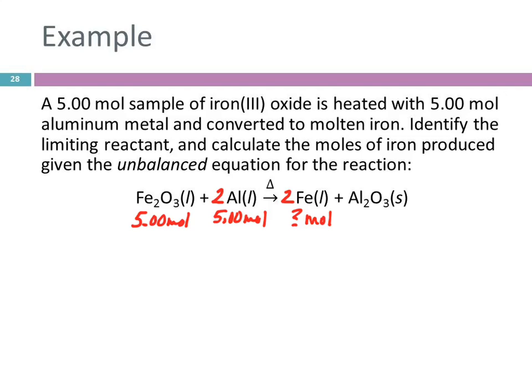And what we're going to do is 2 calculations, just like I did with the bicycle factory. We're going to take one reactant, find the amount of product. We're going to take the other reactant and find the amount of product. And the smaller is the actual amount of product. The one that gives the smaller amount is the limiting reactant. So 5 moles of Fe2O3.